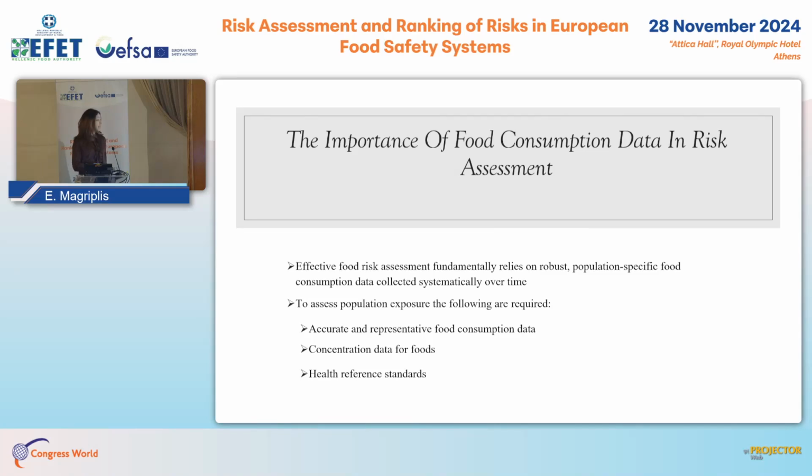Concentration data for foods and other environmental aspects, like Professor Thamaidis just informed you, all the nice work that has been done to assess what is found in various foods and in the environment where these grow. But what we also need, and where there's a challenge, is accurate and representative food consumption data. This is what I'm going to be focusing on, stressing its importance.